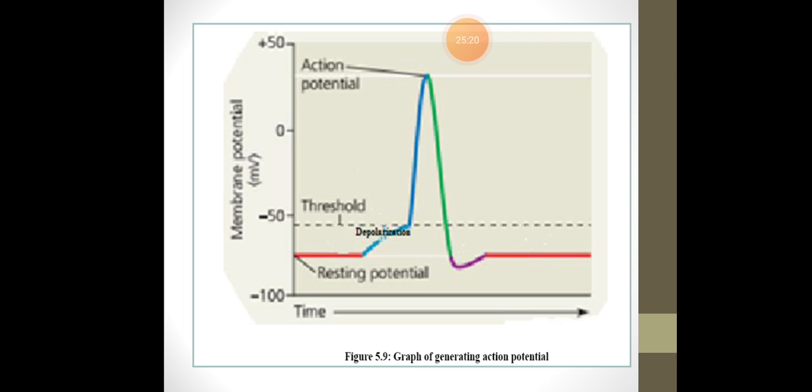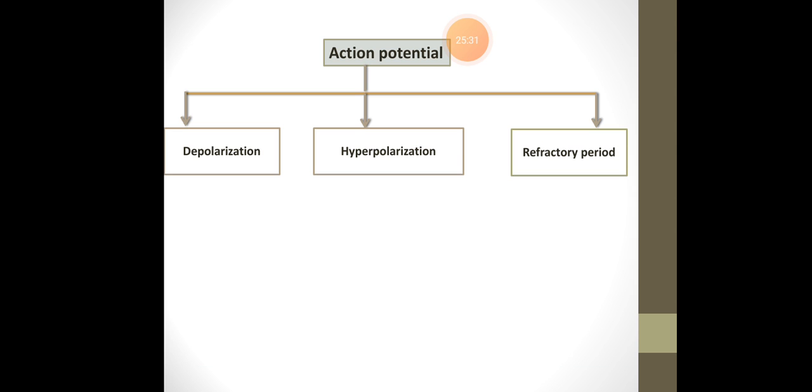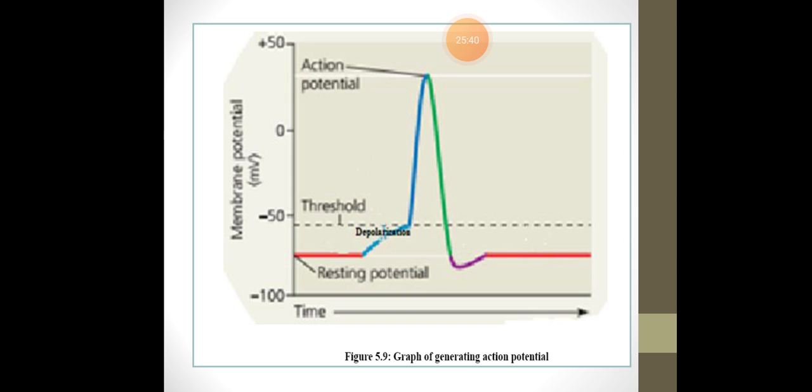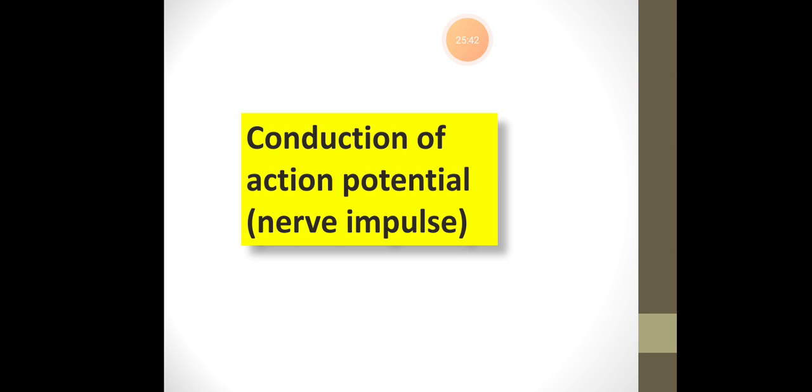A nerve impulse occurs due to stimuli. In a nerve impulse you can see a series of action potentials, each with depolarization, repolarization, hyperpolarization and a refractory period, and these happen throughout the axon. That is called a nerve impulse.